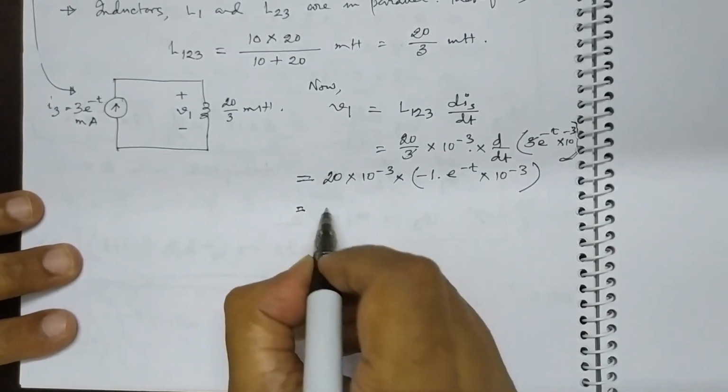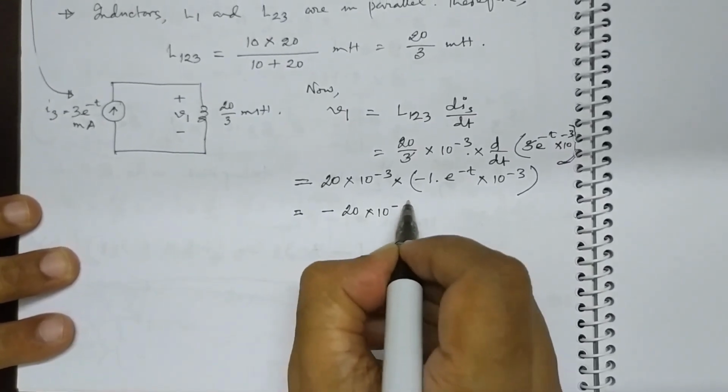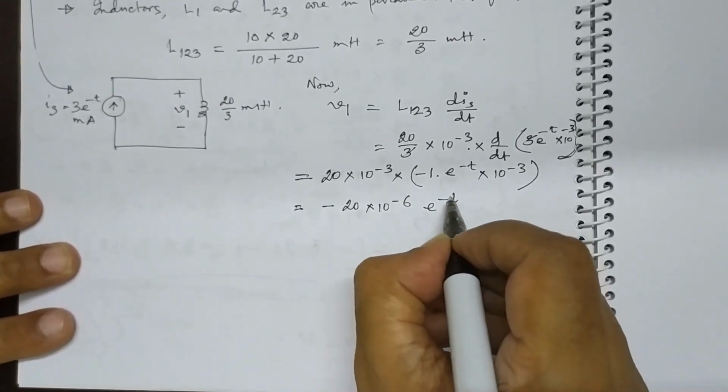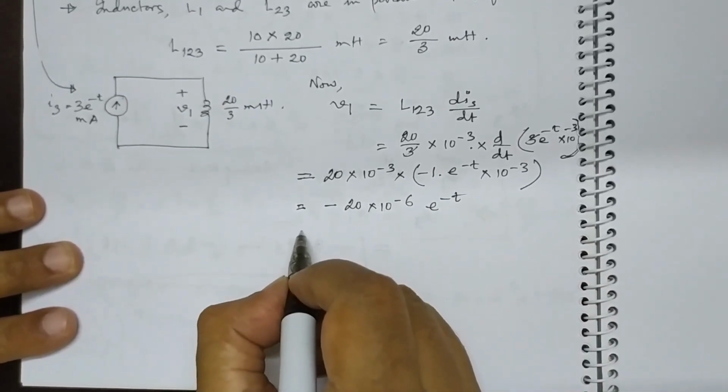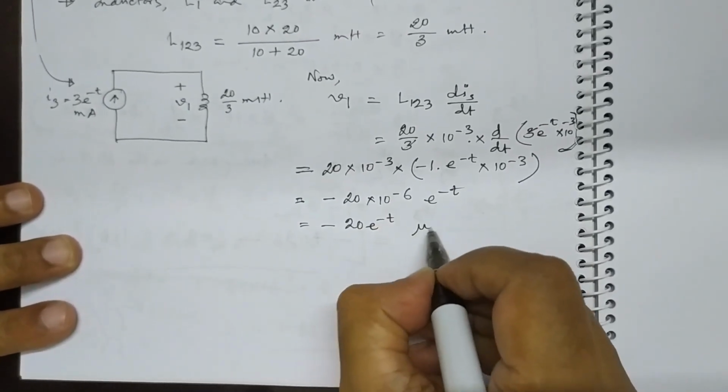That is minus 20 into 10 to the power minus 6 e to the power minus t. That is what we can say, minus 20 e to the power minus t microvolt.